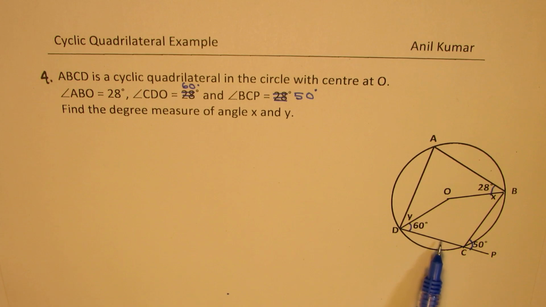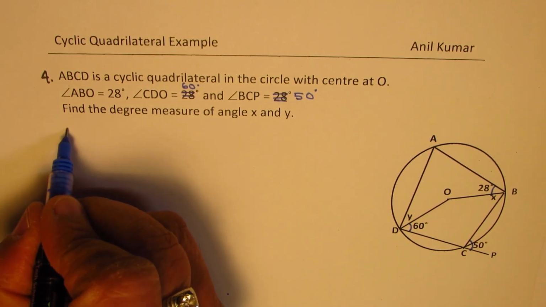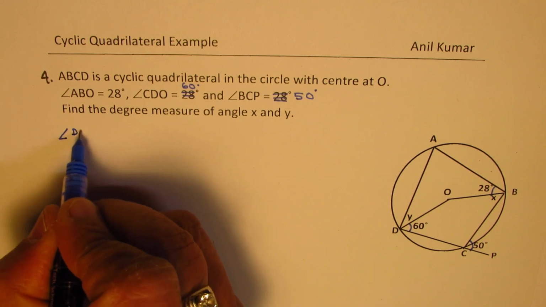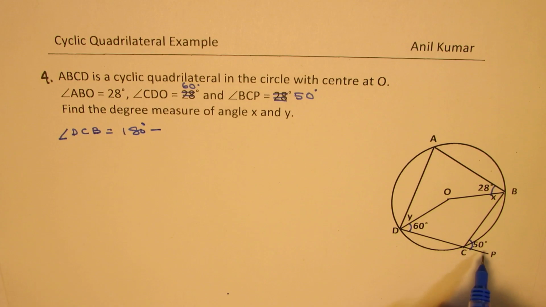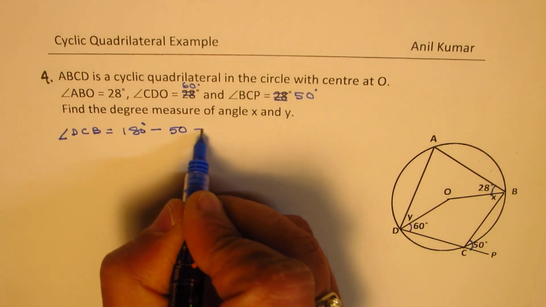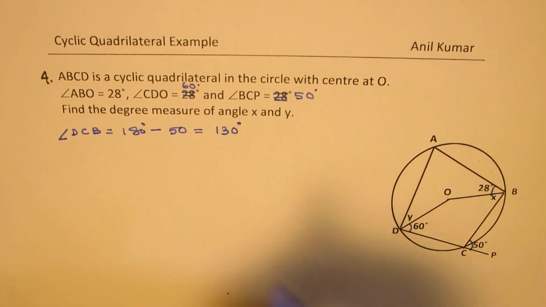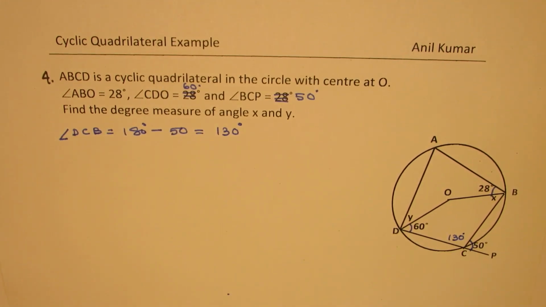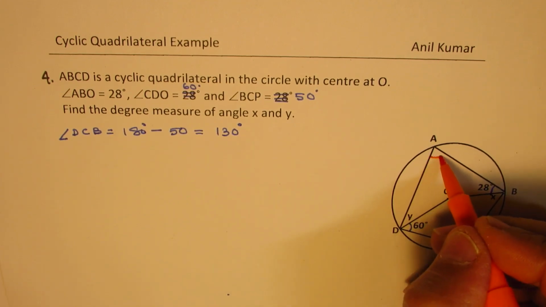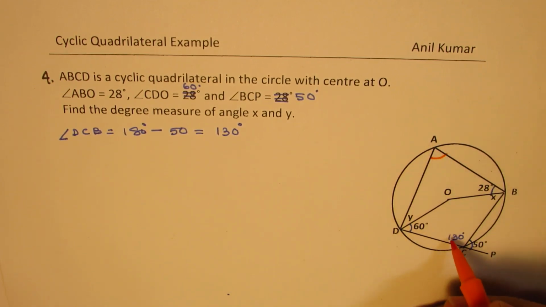Now we could begin with this straight line, a linear pair, right? So we can say that the angle DCB should be equal to 180 degrees minus 50 degrees. So that gives us 130 degrees, right? So we get this as 130 degrees. Now, we can go to this angle. Sum of these two should be how much? 180, right?